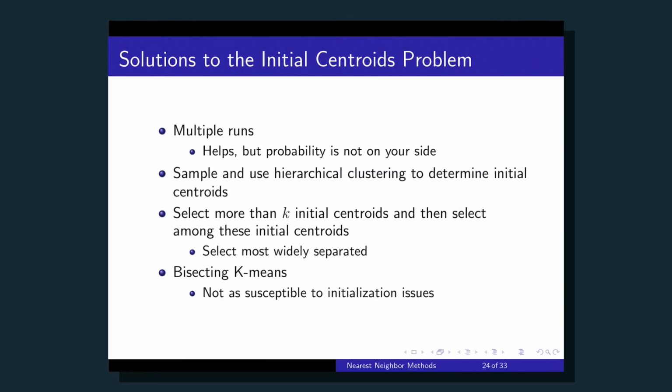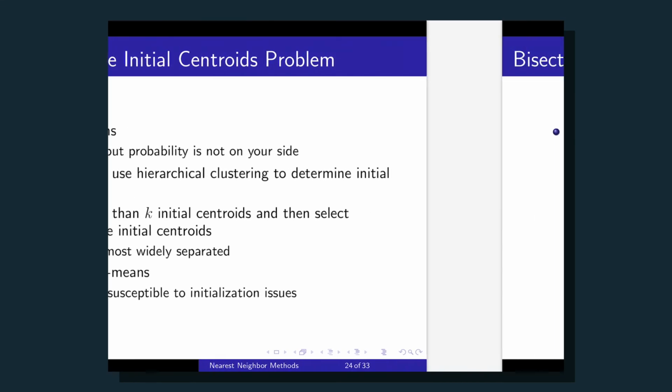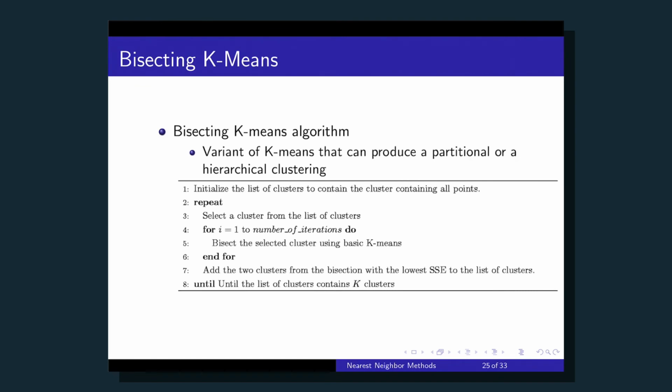And one other method is what's called bisecting k-means, which is a hybrid of normal k-means and hierarchical clustering. It's generally not as susceptible to initialization issues. So the basic algorithm there is, in the middle, it's actually normal k-means.